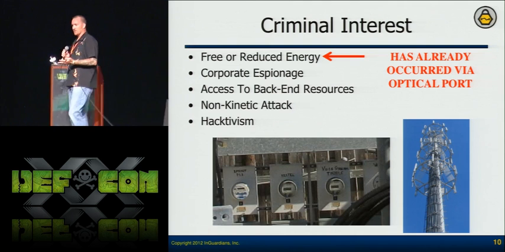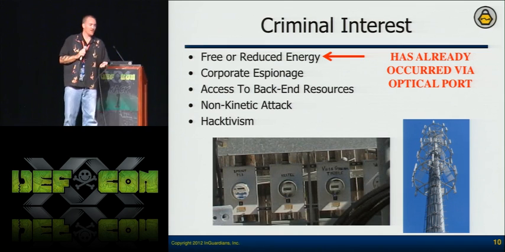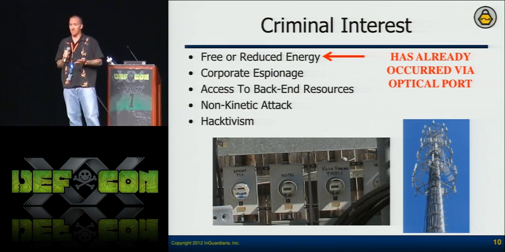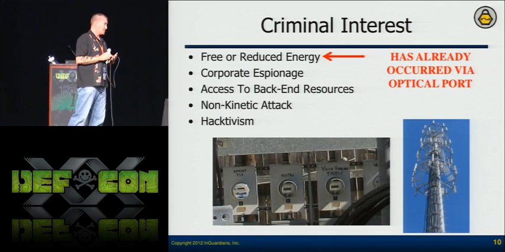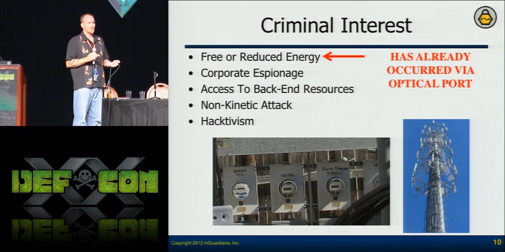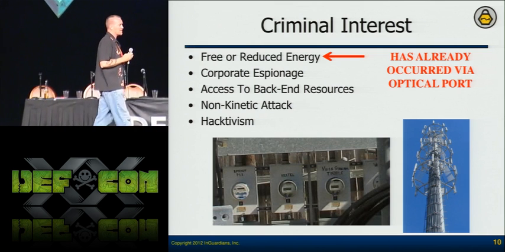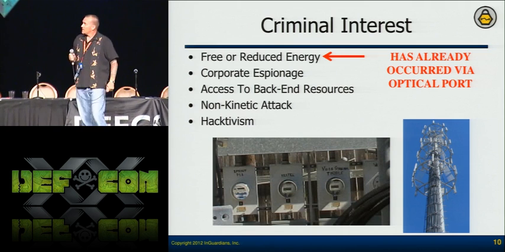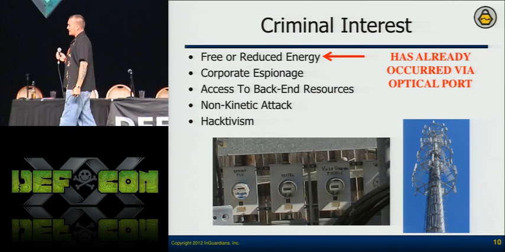They knew the password because it never got changed. And they were able to modify 10% of the meters in Puerto Rico so that businesses and residents got cheaper electricity. So it has occurred. This is a problem, but it was completely ignored because it was suppressed by the FBI. Okay? So that's one of the things we're trying to help people understand.